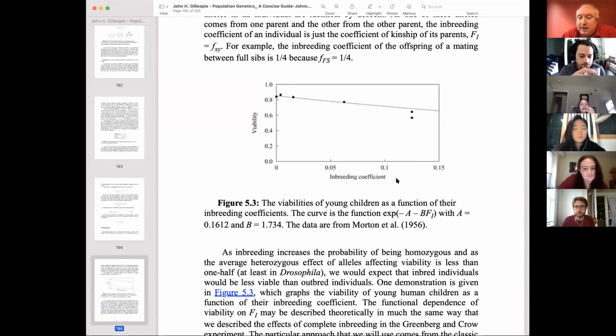Here on the x-axis, I have F, the inbreeding coefficient, the probability two randomly picked alleles are identical. So if this is 0.12, these are half sibs, not full sibs. These are half sibs or grandparent grandchild, I think.